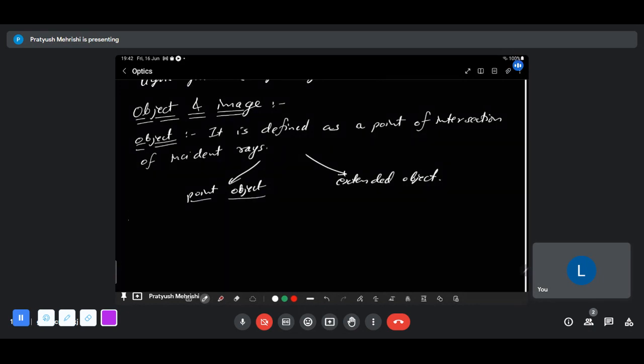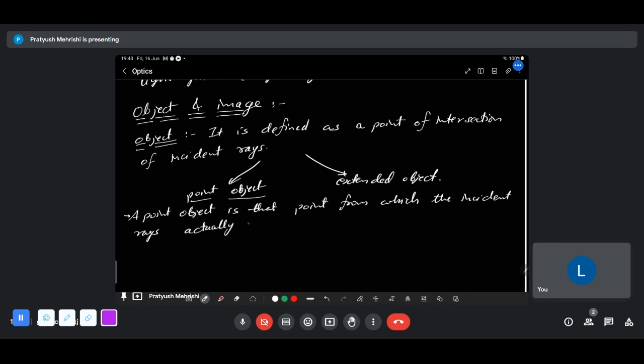For point object, write down: a point object is that point from which the incident rays actually diverge.